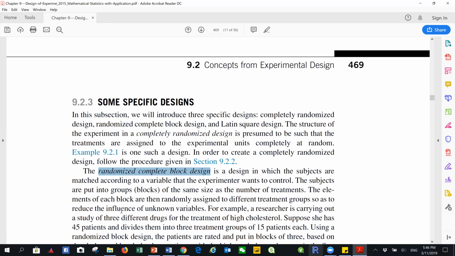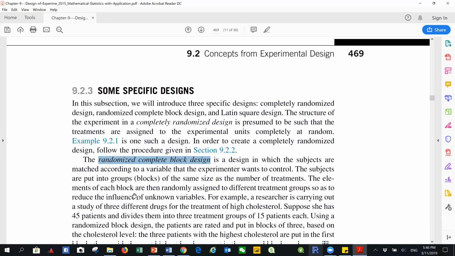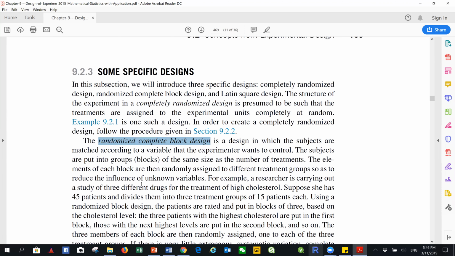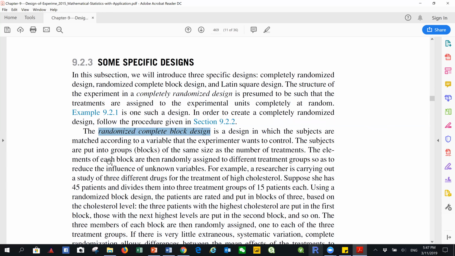That is, the subjects are put into groups, which are blocks, because each block has more or less homogeneous units or subjects, and they also have the same size as the number of treatments. Then the elements of each block are randomly assigned to a different treatment group, so as to reduce the influence of unknown variables.